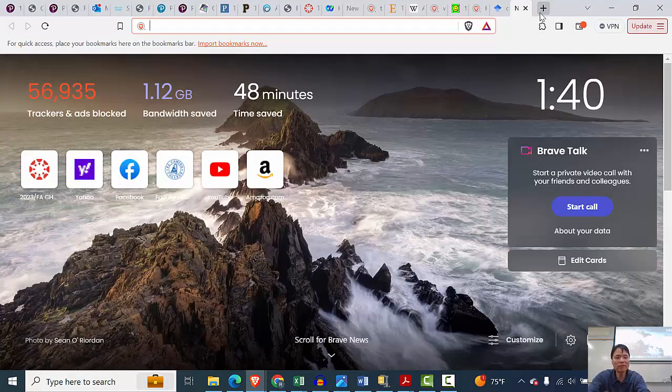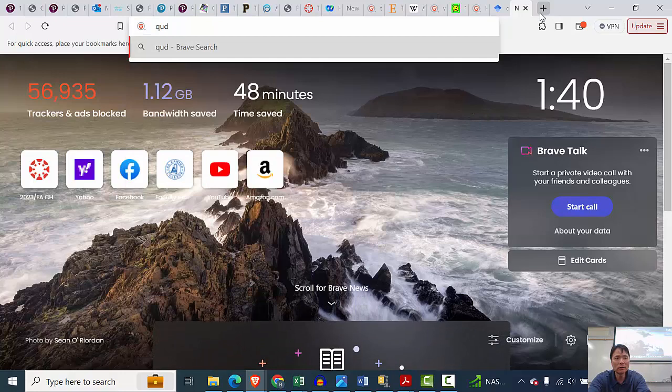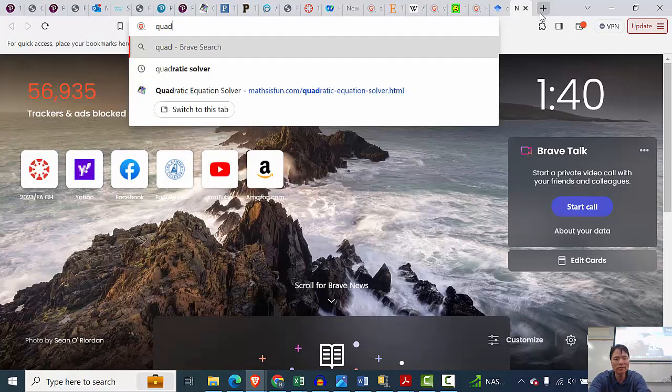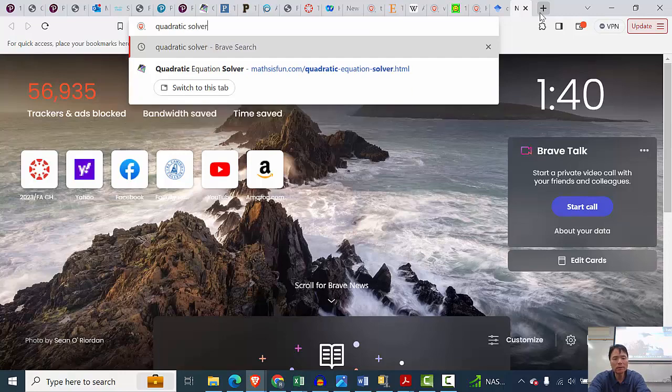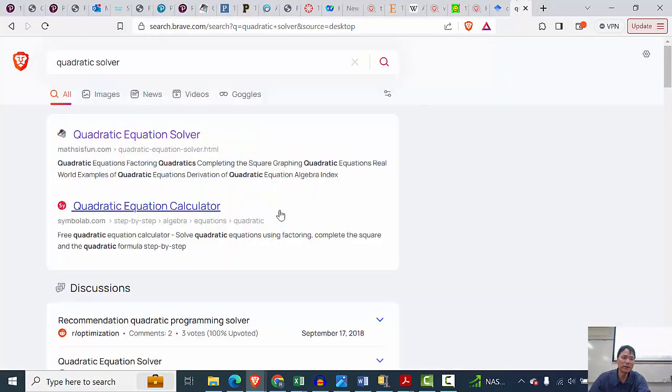So you could either have your calculator, or if you're doing homework, you could just have this set up on a web page here.